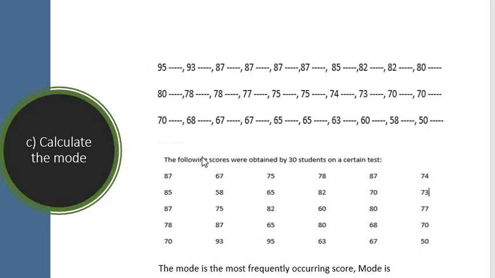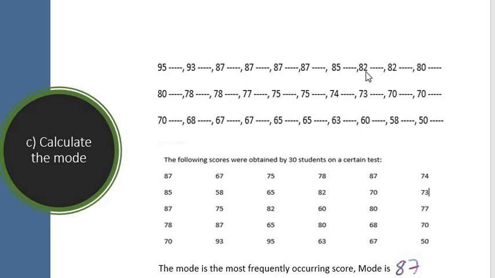Now we're looking at the mode. What is the mode? It's kind of easy to remember because mode sounds a lot like most, right? Mode, most: the most frequently occurring score or value. In this case, we're dealing with scores, so it's the most frequently occurring score. When you're in order, it's very easy to see. As we have gone through the numbers before, we can see that 87 is repeated 4 times.